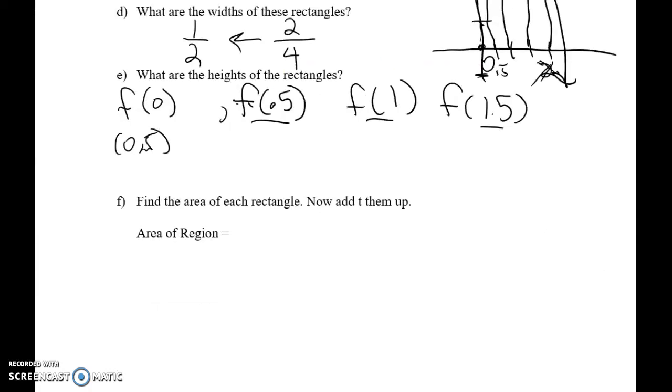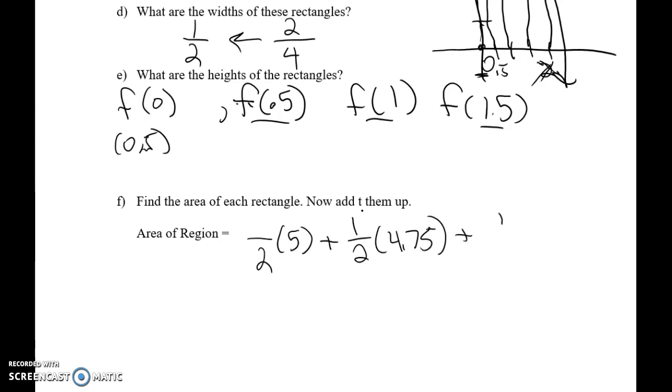So let's now find our total area. The first rectangle has a width of a half and the height at function of 0, which was 5 units. The second rectangle was a width of a half and the height was the function value at 1/2, which we had from the front of the worksheet, which was 4.75.